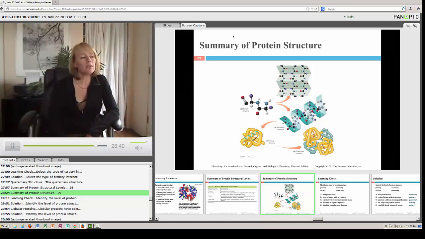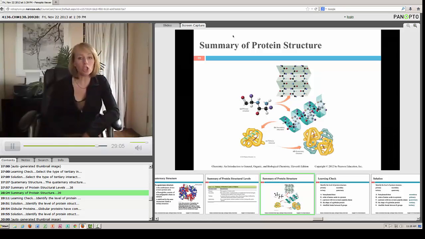Okay, so you may have a question such as this where you have to identify the level of the protein structure. If we see a beta sheet, we're talking about the secondary structure. If we're talking about the order of the amino acids in a protein, we're talking about the primary structure. If we're talking about a protein with 2 or more peptide chains, we're talking about the quaternary structure. If we're talking about the shape of the globular protein, we're talking about the tertiary structure. Well, it depends.